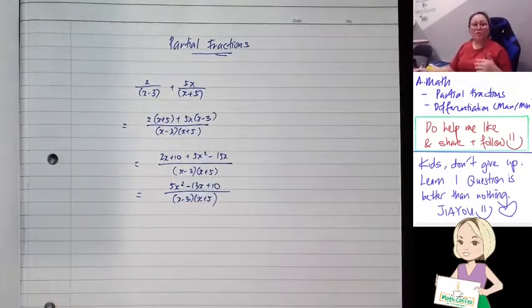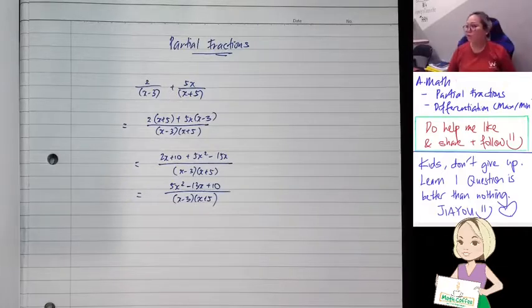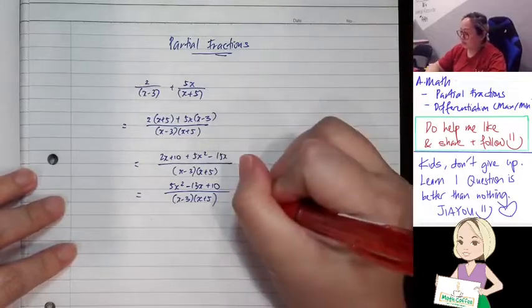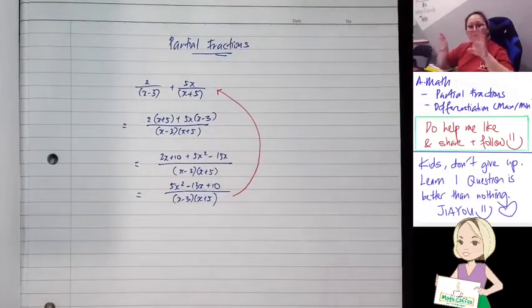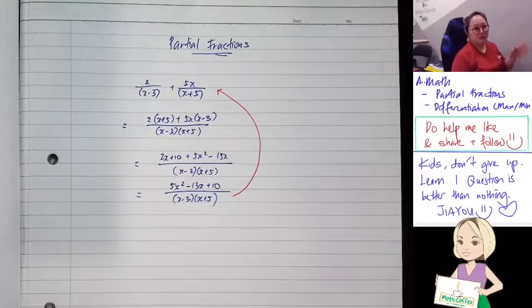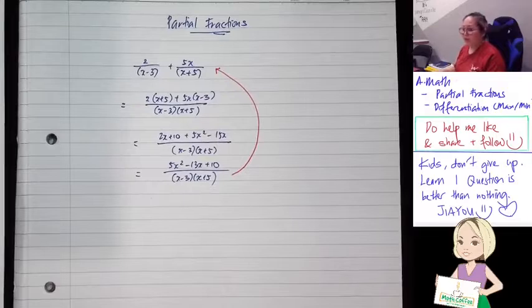So this is how you combine the single fraction in A Math. So in A Math, what you're trying to do is, from a single fraction, you want to break it back into their separate fractions. That's called the topic partial fractions. So in general, you have 3 cases.